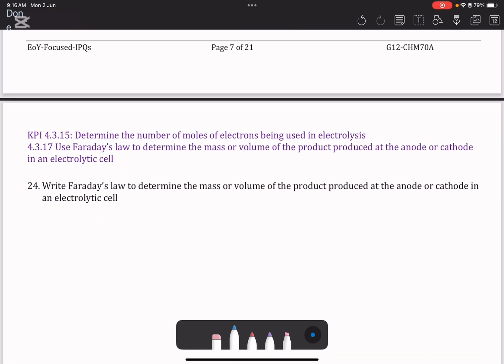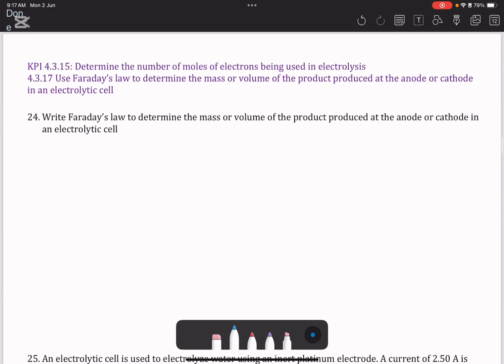Again, moving on, write Faraday's law to determine the mass or volume of the product produced at the anode or cathode in an electrolytic cell. Here, rest assured, in the formula sheet, the formulas are given to you.